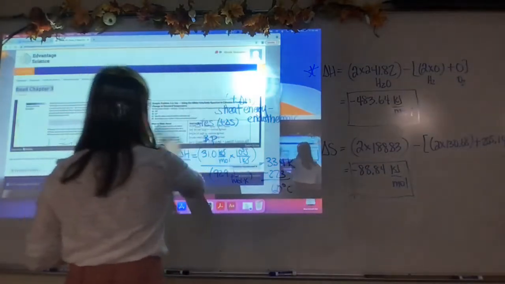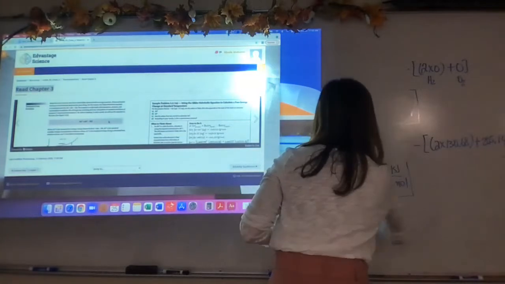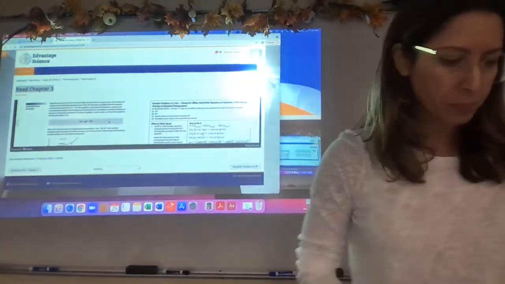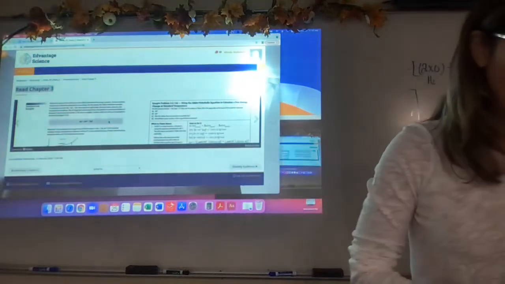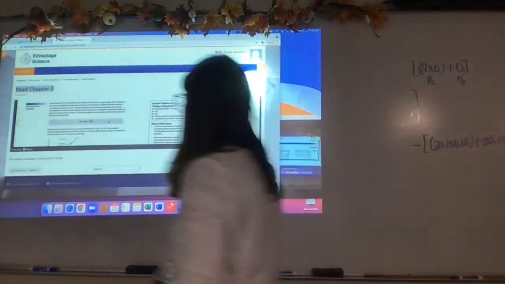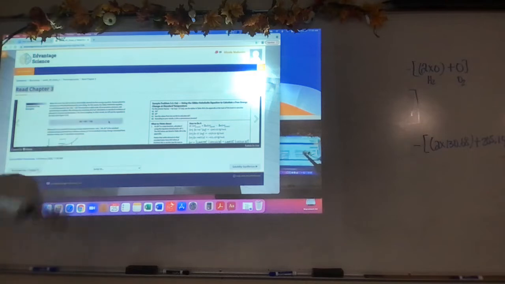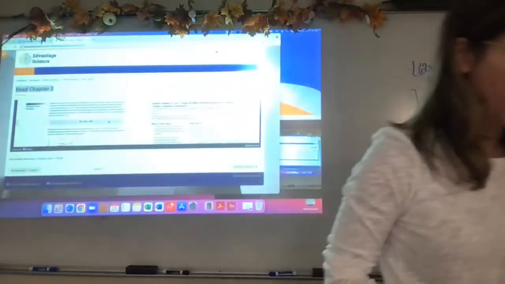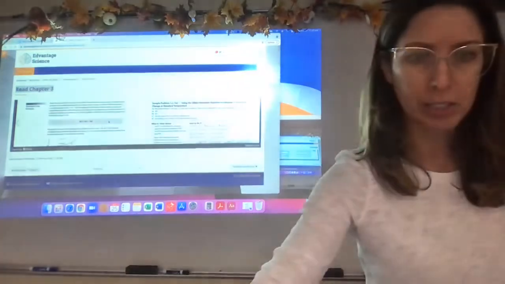And standard conditions are where our pressure is 1 atmosphere and our concentration, if it applies, would be 1 molarity. And when we do that, you're going to notice that they're going to place little degree symbols in the upper right-hand corner for the delta G and the delta H in that equation. So that represents your standard conditions.